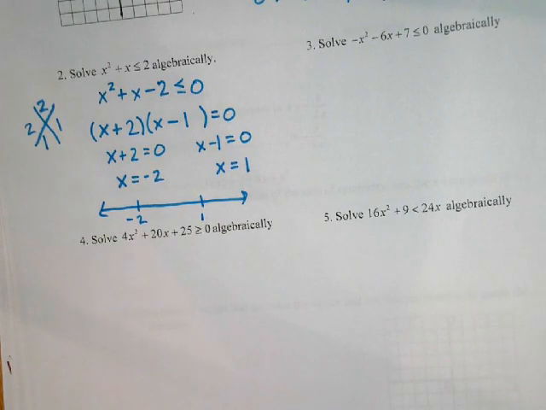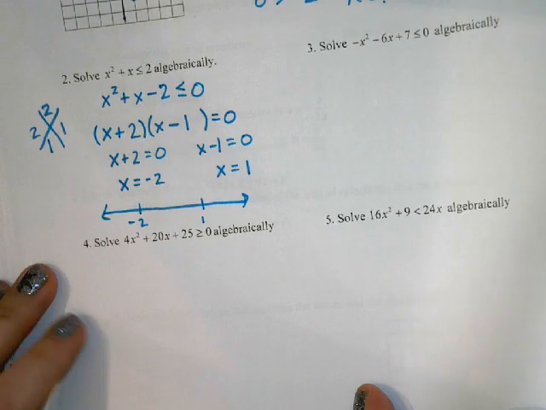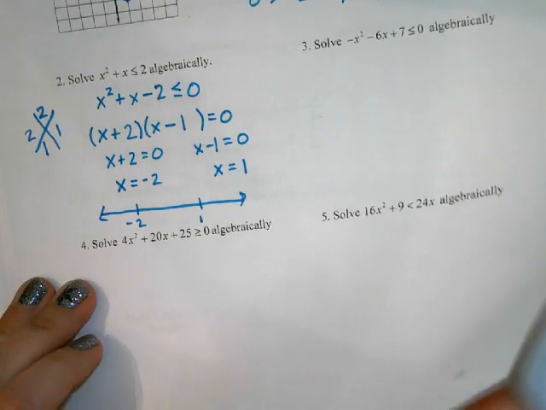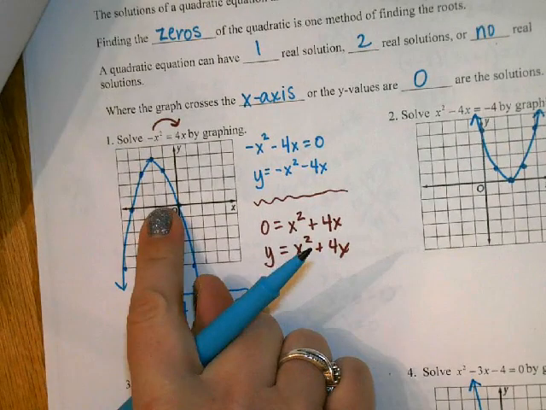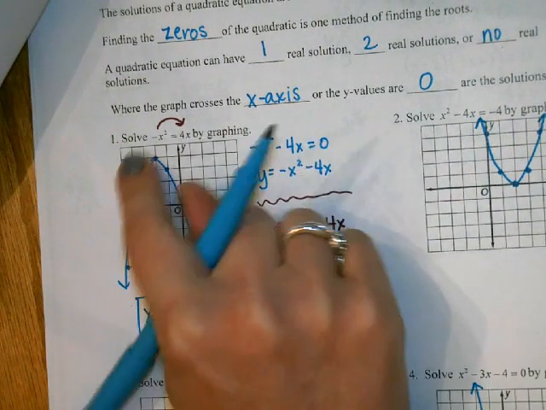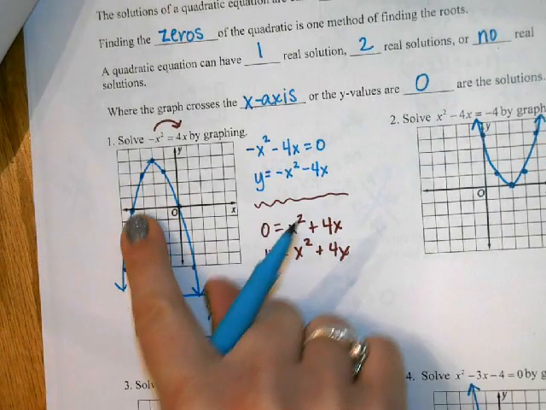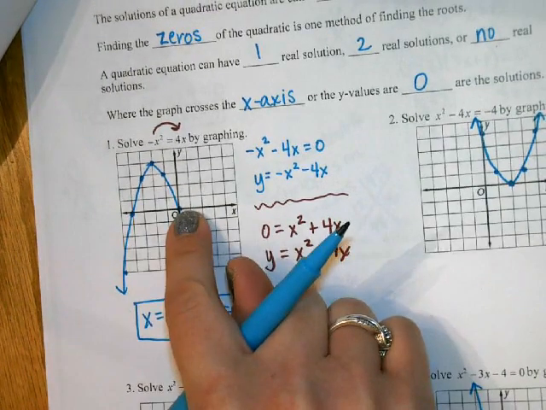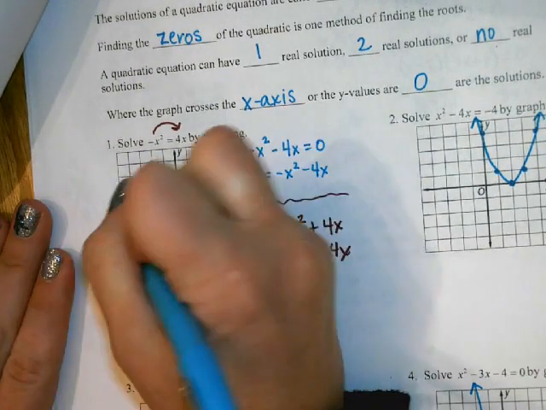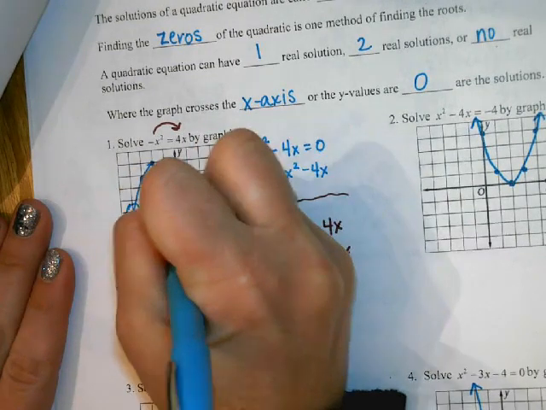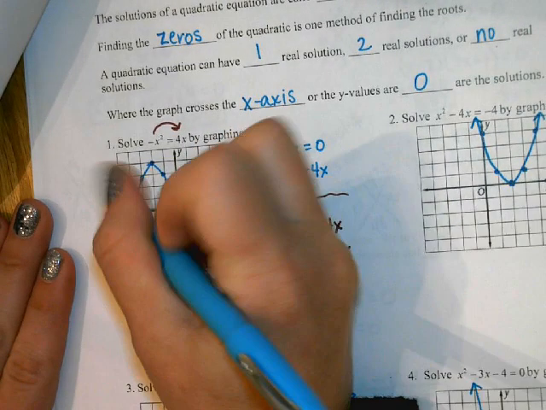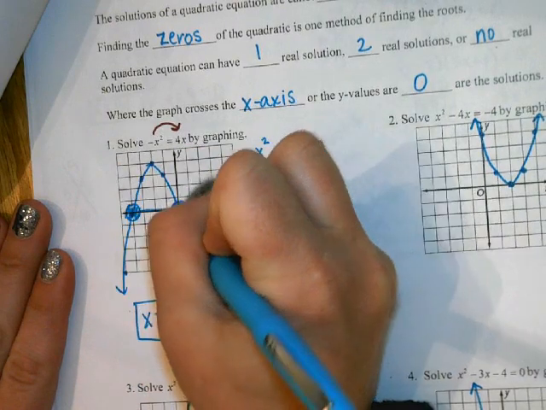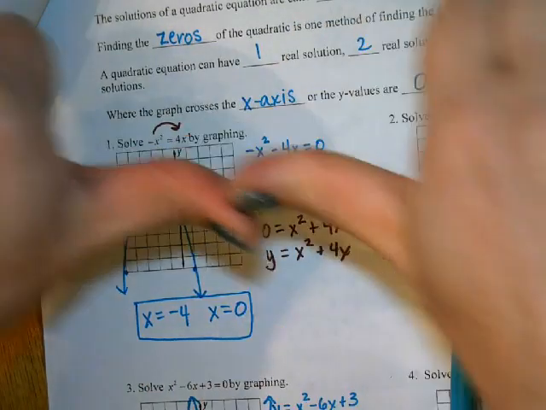Now, if you notice, even on that one I just showed you, we talked about this guy right here. Here I said my graph is above my x-axis between the points of negative 4 and 0. Think about that guy as an and, right? Remember those guys when we were solving them?